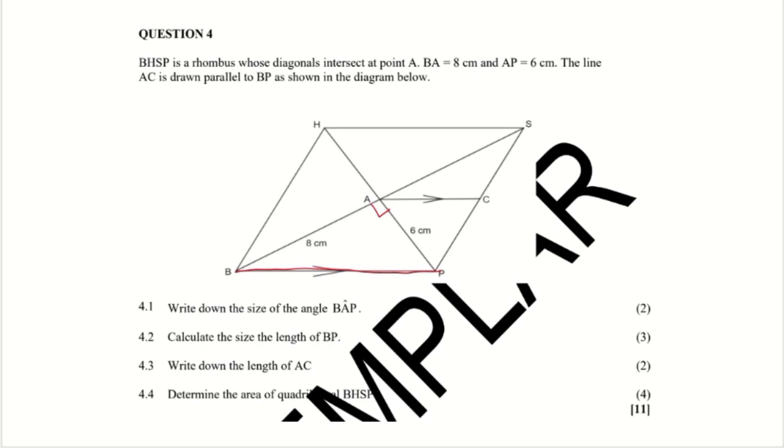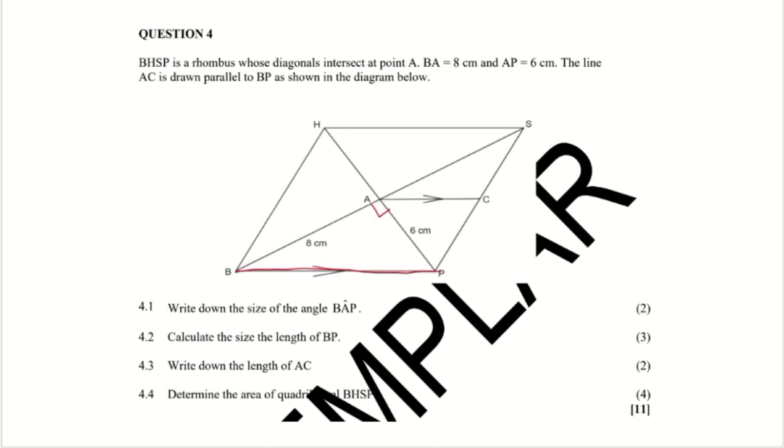4.3, we are asked to write down the length of AC. Check something. It does not say calculate or determine. It says write down, meaning that it's obvious on the diagram. So when we check on our diagram, we see that AC is a line that is parallel to BP.